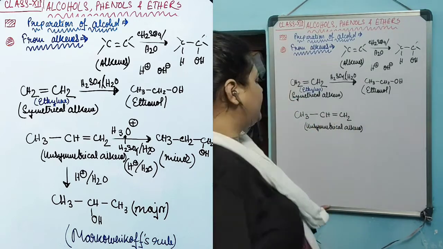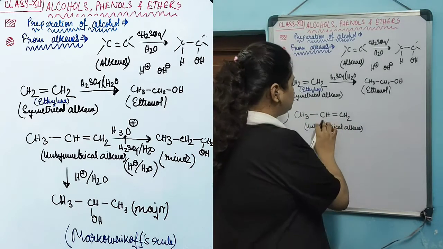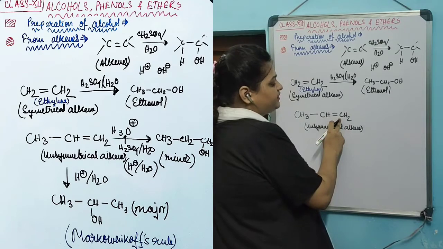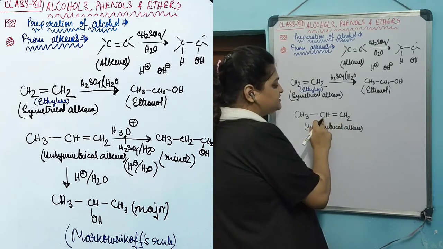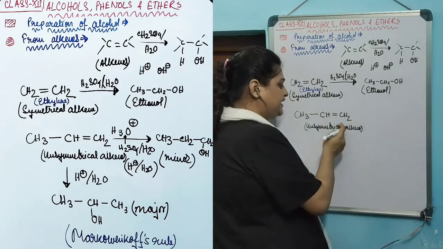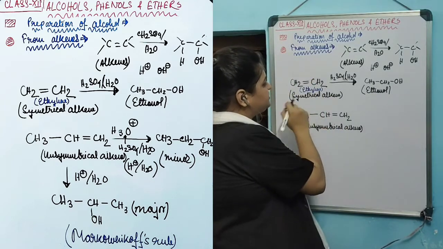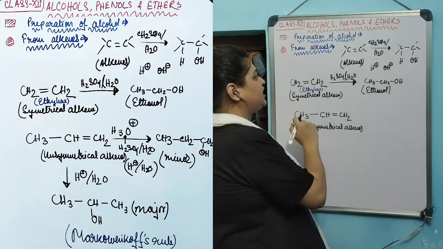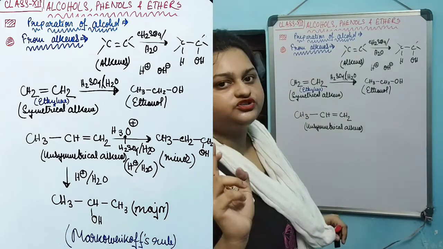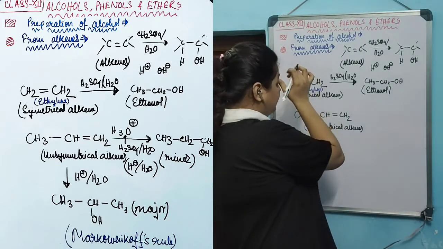In unsymmetrical alkene, the two double bonded carbons are quite different from one another. Like in this one, this carbon has only one hydrogen and this carbon has two hydrogens. That was different compared to the symmetrical alkene, where both double bonded carbons had two hydrogens.